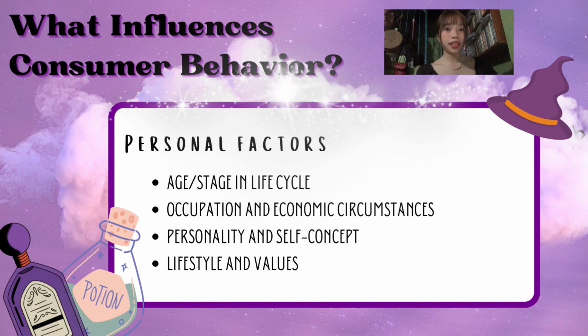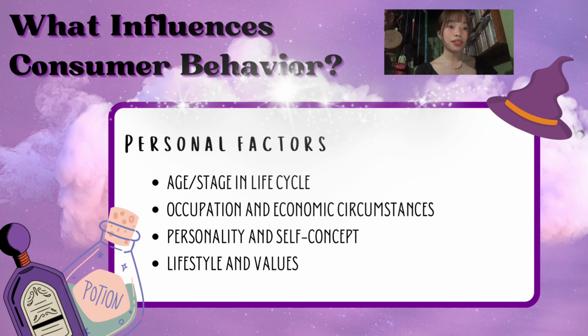Personality and self-concept: people's personalities and how they see themselves influence their brand and product choices. For instance, a confident and outgoing person may prefer trendy or high-end brands, while a practical person may choose functional and affordable options. Lifestyle and values: a person's lifestyle, hobbies, and values impact their buying decisions.